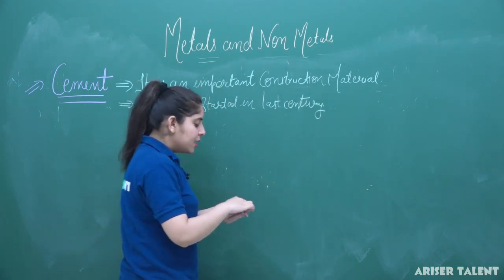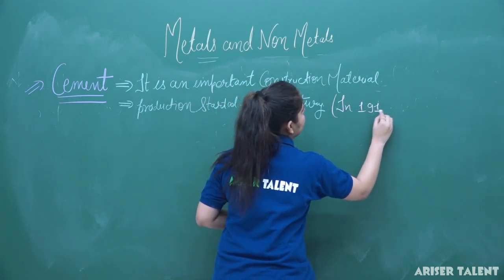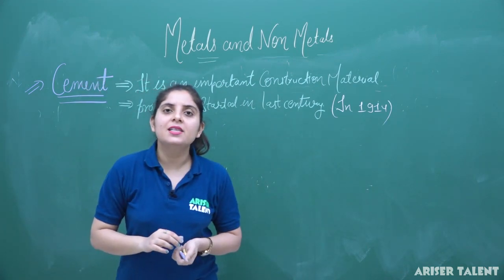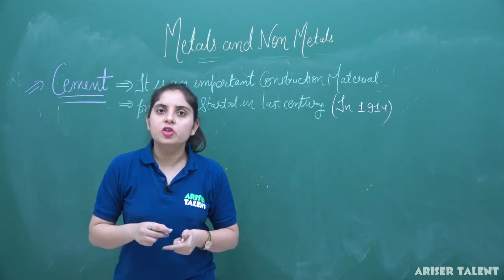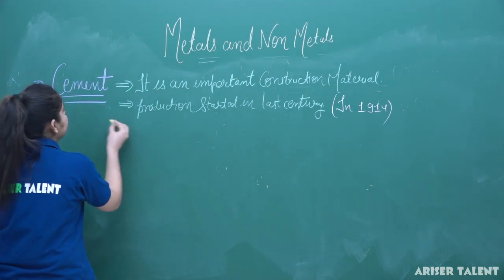In the last century, its production started in the year 1914. Apart from it, in Rajasthan, it has been 60 years since production of cement started. So what is our next point?